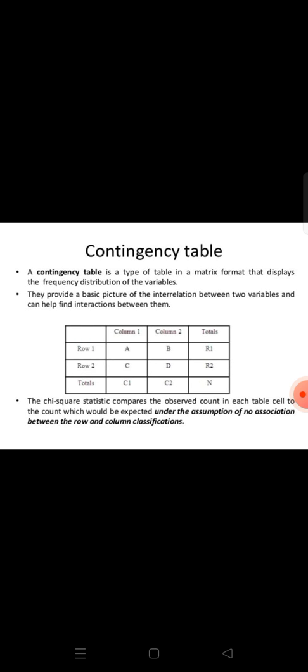We can see these tables which have rows and columns like a matrix: A, B, R1, C, D, R2, C1, C2 and N. The chi-square statistic compares the observed count in each table cell to the count which would be expected under the assumption of no association between the row and column classification.